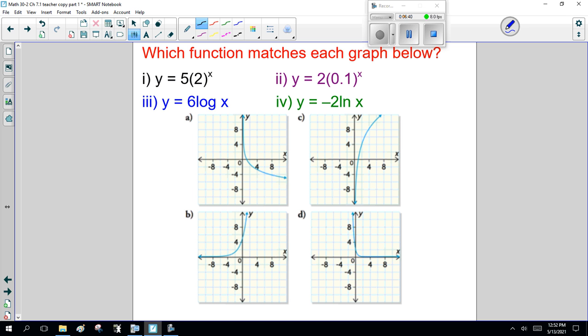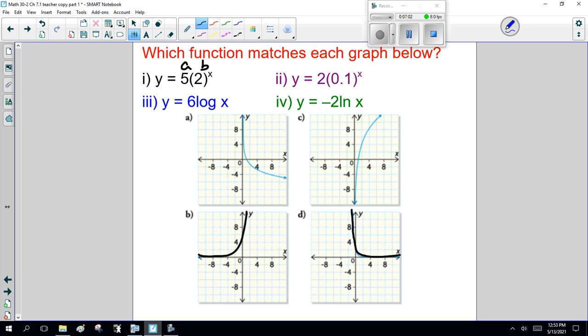So the first graph here, A is 5, and B is 2. So which one of these looks like an exponential graph? Oh, that looks like an exponential graph, and that looks like an exponential graph. So which one of these has an A value of 5 and a B value that's increasing?